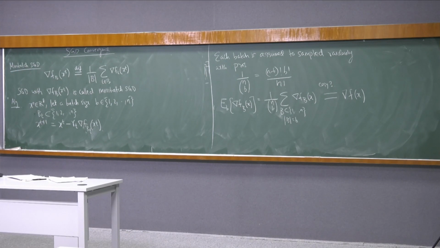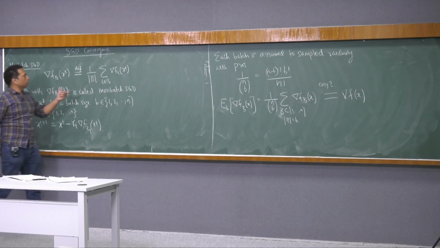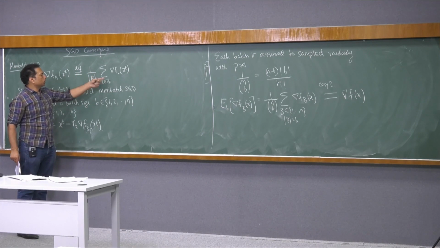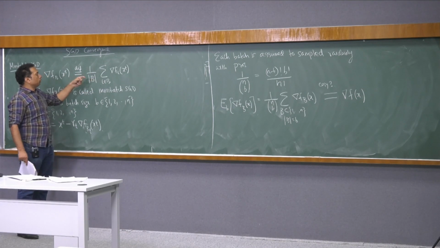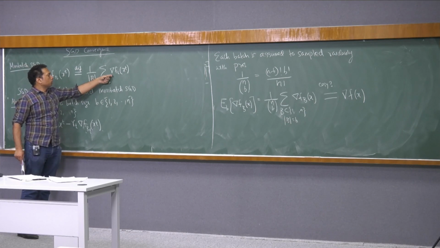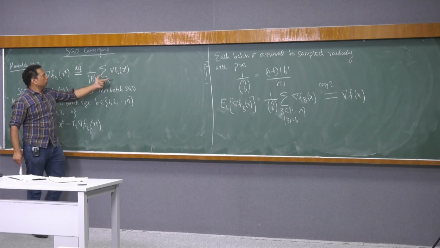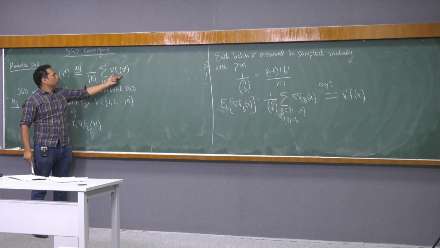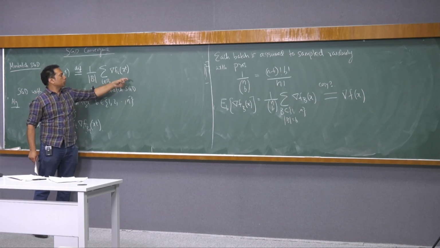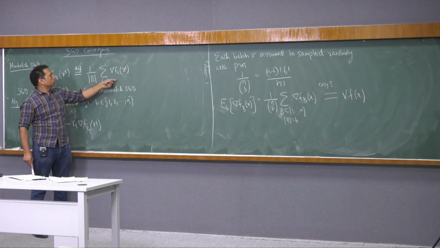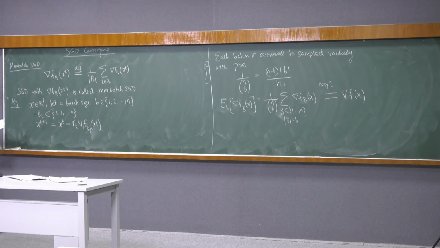But in the single case, you cannot do that. In the single case, you pick an i, compute the gradient, do the update, then you pick another i, compute the gradient and do the update. Here, you are supposed to sum over all of B. Each of the terms in the sum is independent, so each of these gradient computations can happen in parallel.